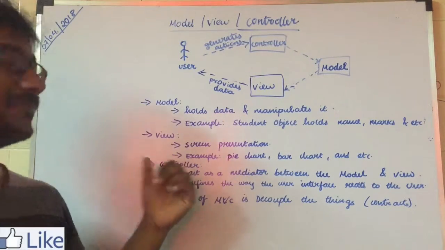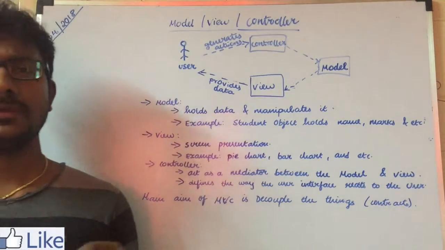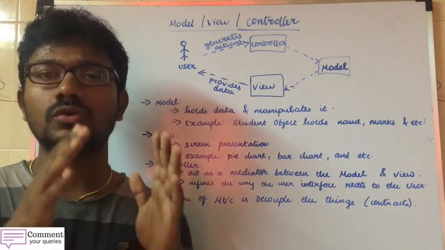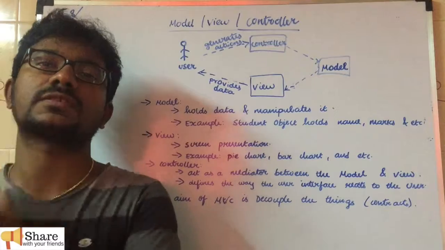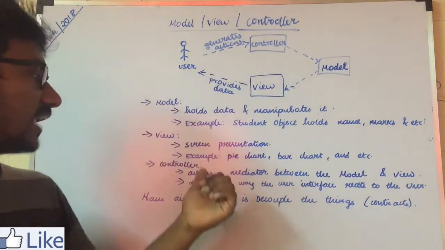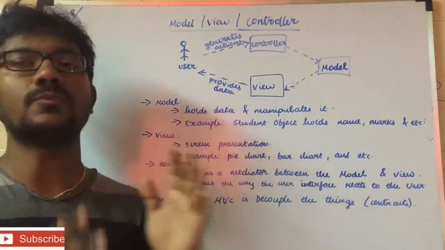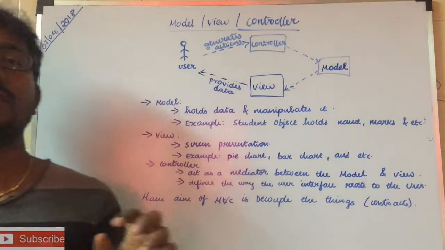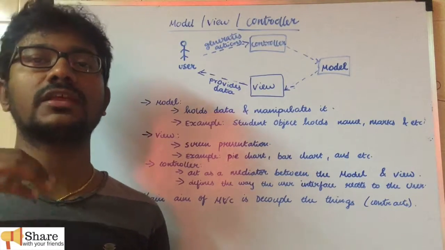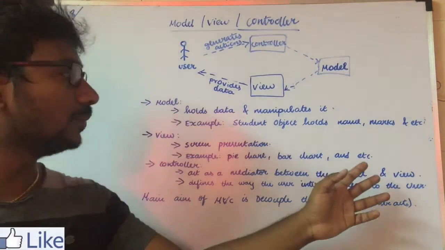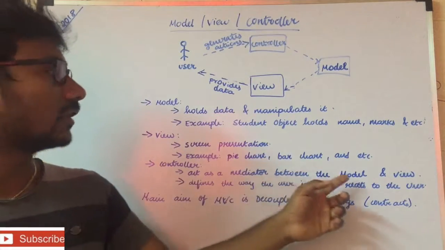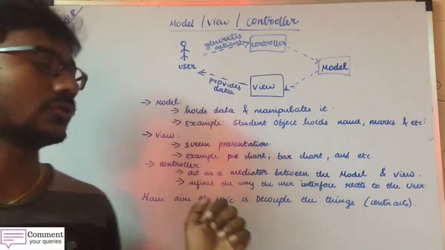Next comes the controller. If you give some roll number, the roll number is sent from the client to the server, and that is managed by the controller. So it acts as a mediator between the model and view. The view is a presentation layer where we give a roll number, and that is sent to the model via the controller. We will discuss the model later in this video.